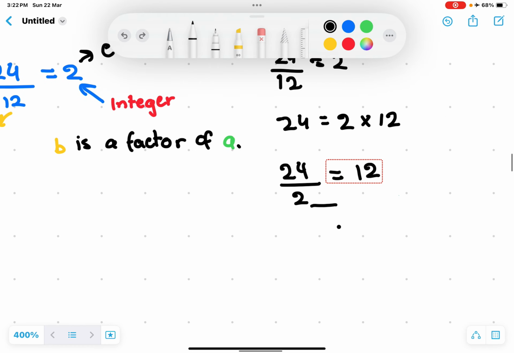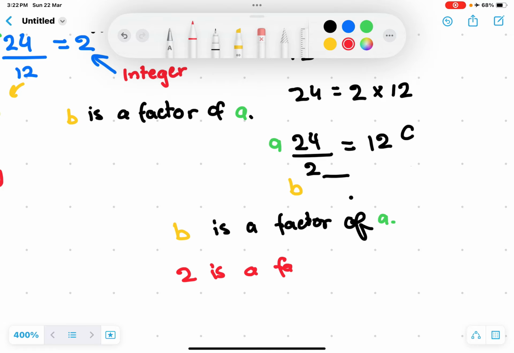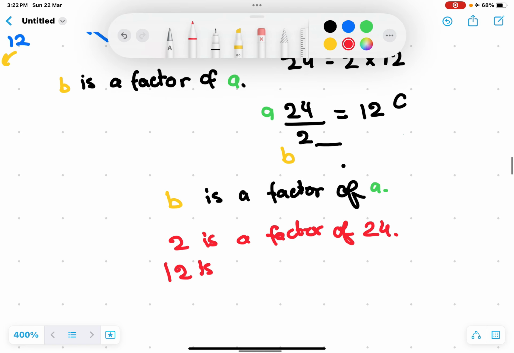So that means that we're again in this form of A, B, and C. So that means that our 2, so B, is a factor of A. And therefore, 2 is a factor of 24, and 12 is a factor of 24.